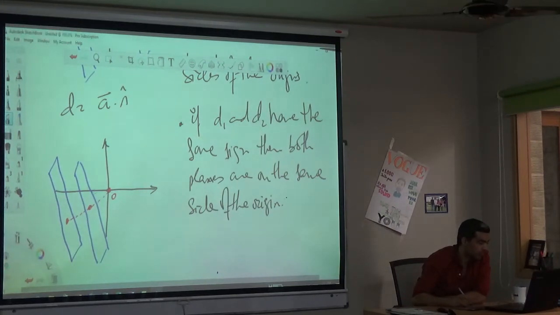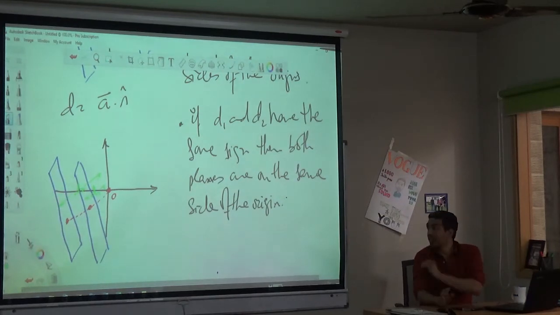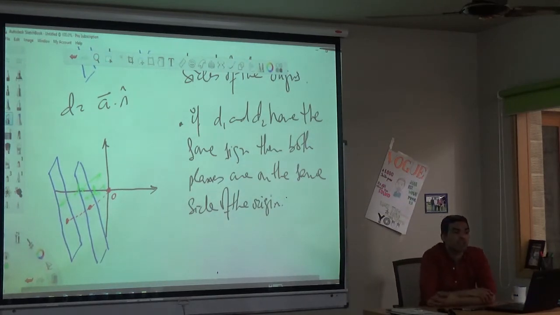So let's say this is D1 and let's say this is D2. What I'm trying to say is that if both planes are on the same side of the origin, then the answer to A dot n hat would come out with the same sign. Either both answers are going to be positive or both answers are going to be negative.